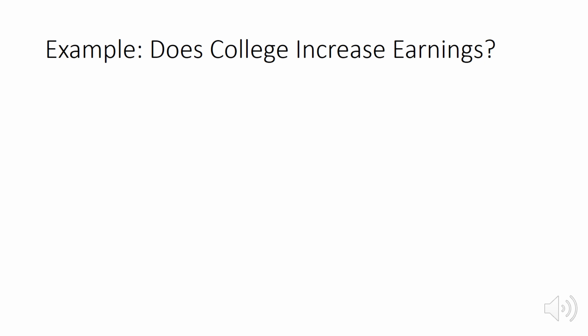It's chosen based on your preferences and your constraints. So if we wanted to know how much a college education increased earnings, what are some variables that we might want to put in our DAG? What do you guys think?